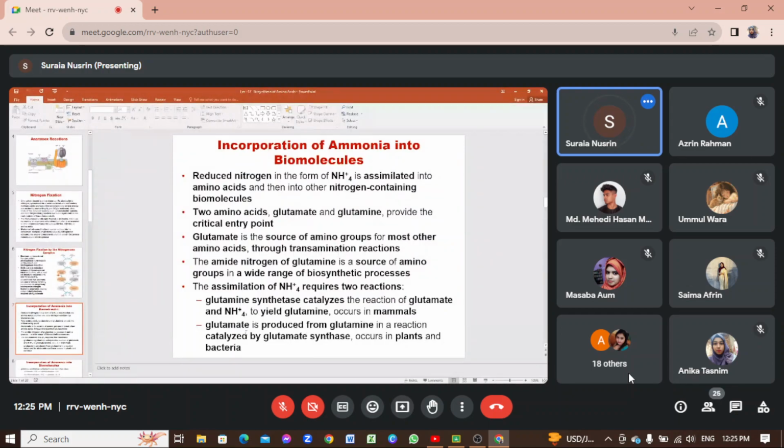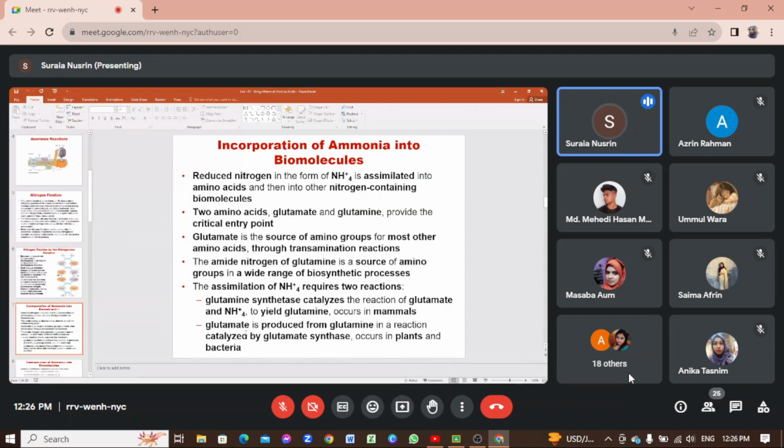Here, in a reverse direction, these 2 amino acids provide the amino group to other amino acids and other nitrogen containing biomolecules. Among these 2, glutamate provides the amino groups to other amino acids by the transamination reaction, which we already learned.